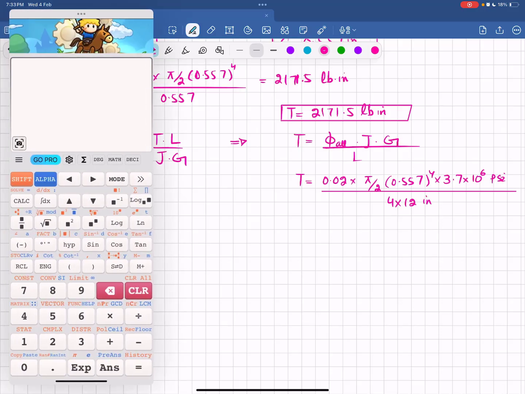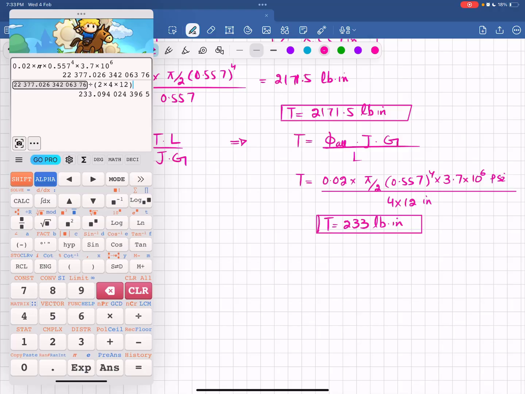Okay, we will solve this: 0.02 multiplied by pi multiplied by 0.557 power 4, multiplied by 3.7 into 10 raised to the power 6, and divide by 2 multiplied by 4 multiplied by 12, and you can see you have torque is equal to 233 pounds into inch.